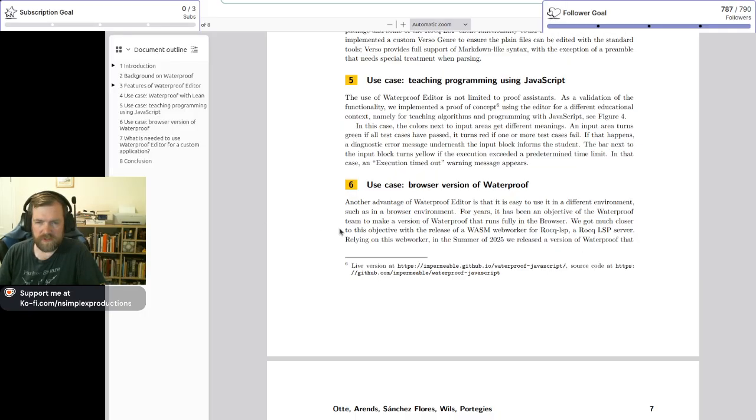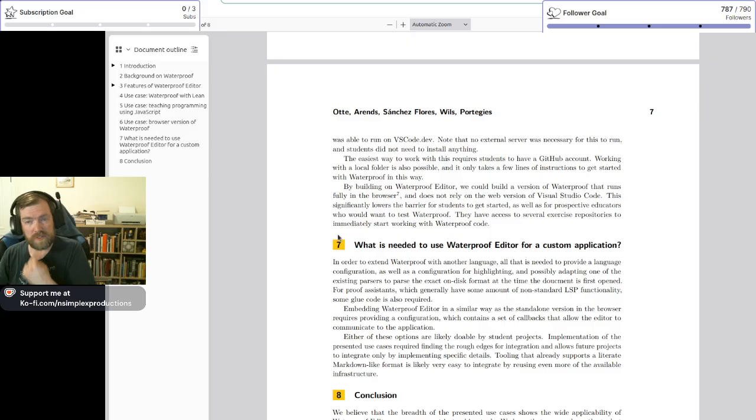We got much closer to this objective with the release of a WASM web worker for Rocq LSP. Relying on this web worker, in the summer of '25, we released a version of Waterproof that was able to run on vscode.dev. Note that no external server was necessary for this to run, and students did not need to install anything.